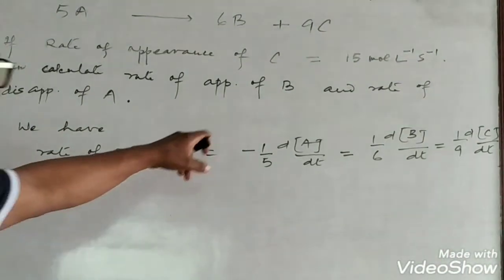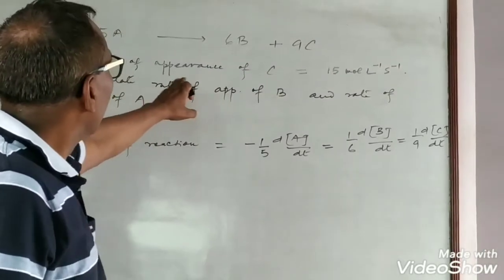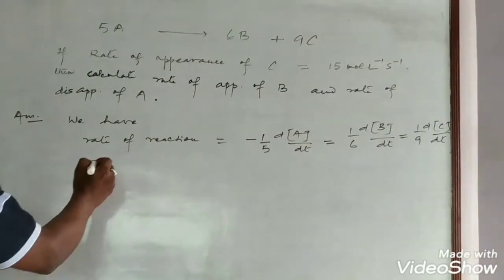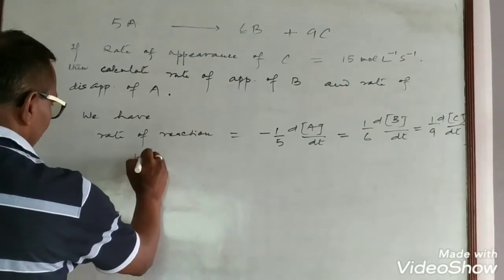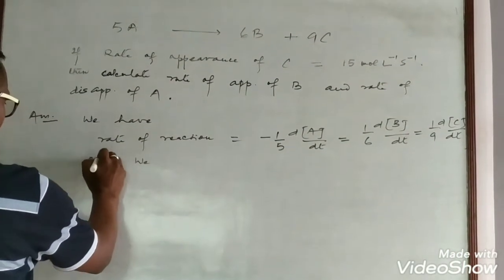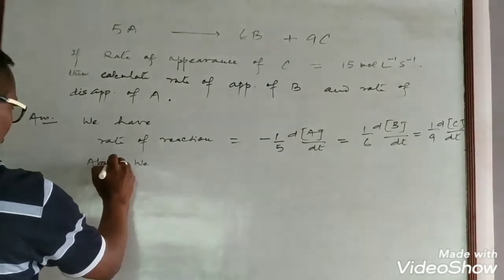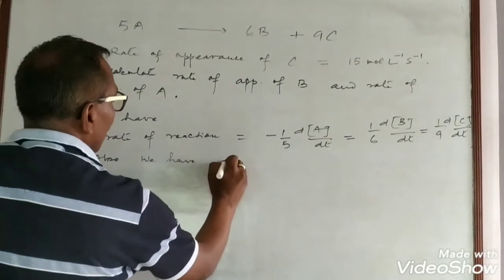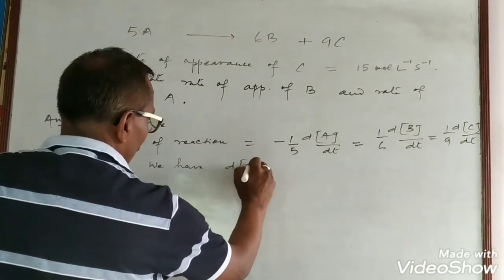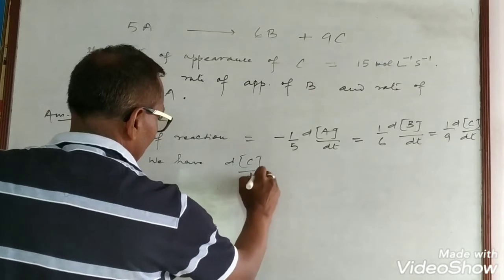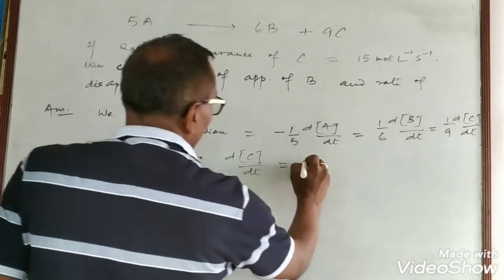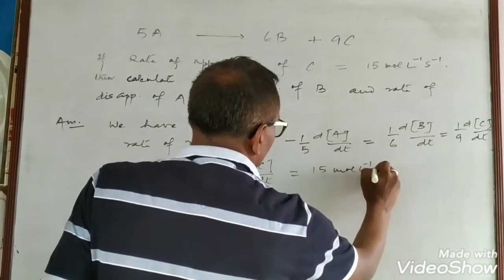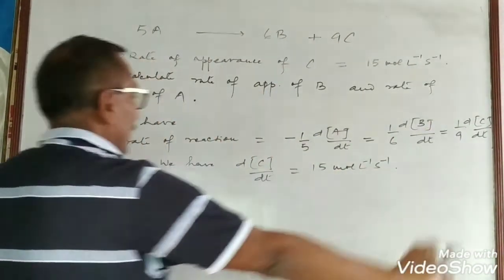Now, since the rate of formation or rate of appearance of C is given, that means we have d concentration C by dt equal to 15 mole per liter per second. This is given.